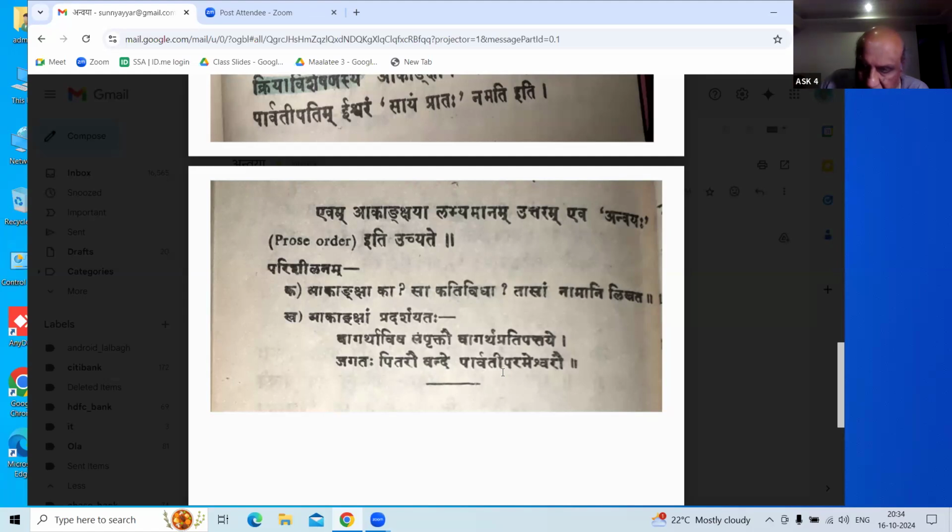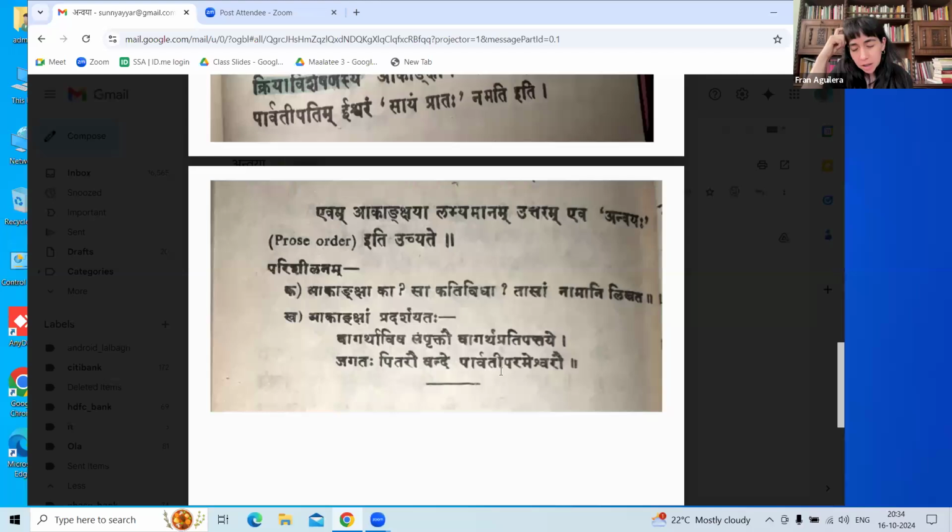But I'm confused because if we are using vande, doesn't it mean that it's aham vande? Vande is the object, no? I was thinking the kartre was aham. That's why I was taking so long. Aham was the kartre and then vande is the kriya padam, and then Parvati Parameshwarau could have been the karman.